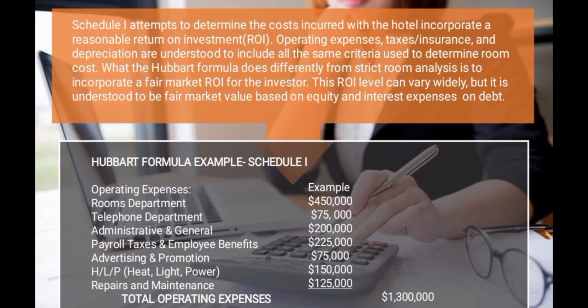In the example for Schedule 1, we have the operating expenses from the rooms department, telephone department, administrative and general, payroll taxes and employee benefits, advertising and promotion, heat, light, power, repairs and maintenance. To sum it all, we have the total operating expenses, which is 1,300,000. The operating expenses listed in the example are in groups which conform with the uniform system of accounts for hotels.